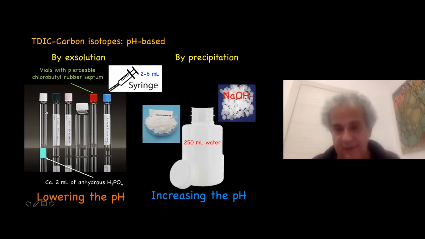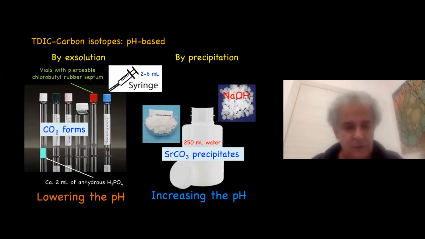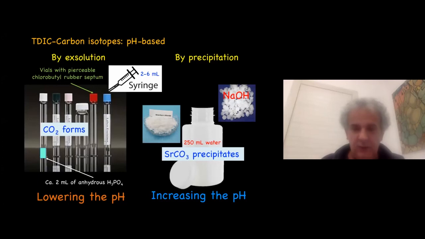Then you filter and you analyze the strontium carbonate, and the carbon of the carbonate gives you the isotopic composition of the total dissolved inorganic carbon. So in the first case, CO2 forms. In the other case, strontium carbonate precipitates.